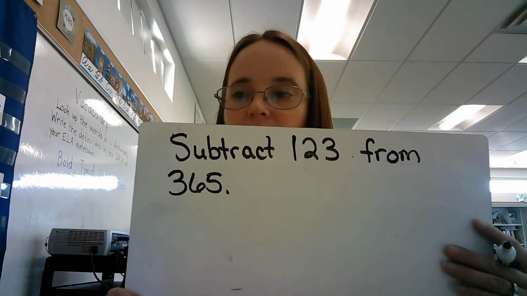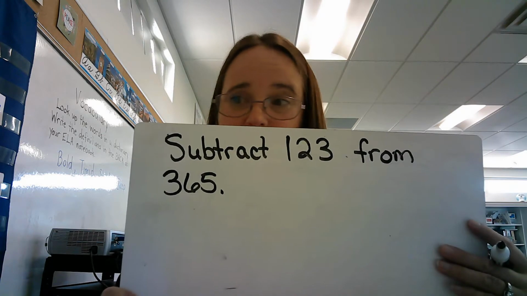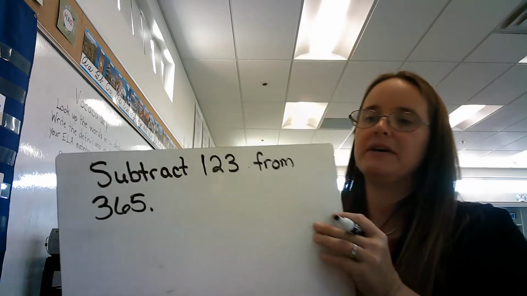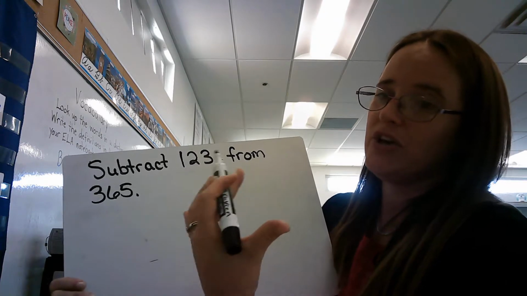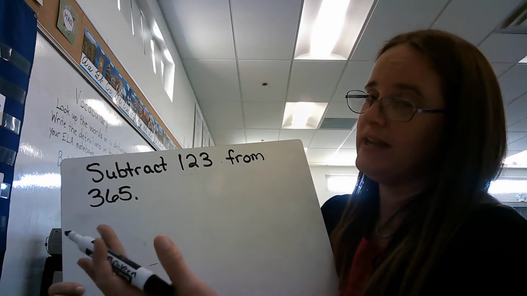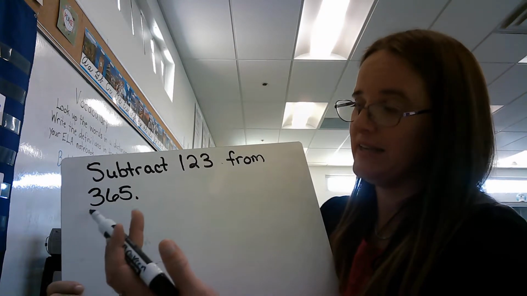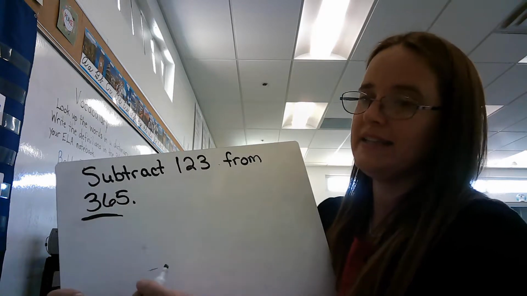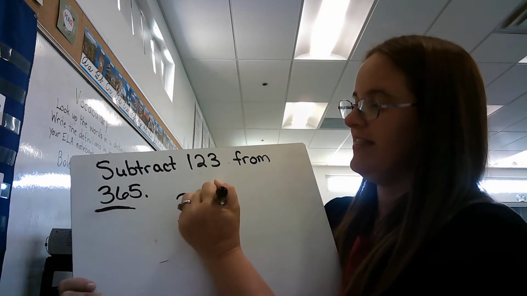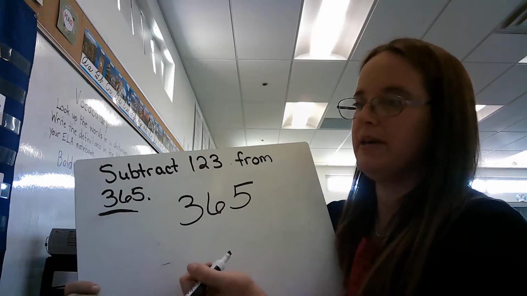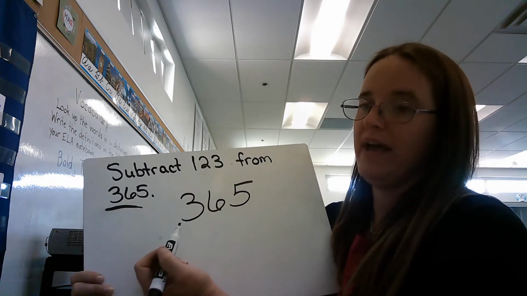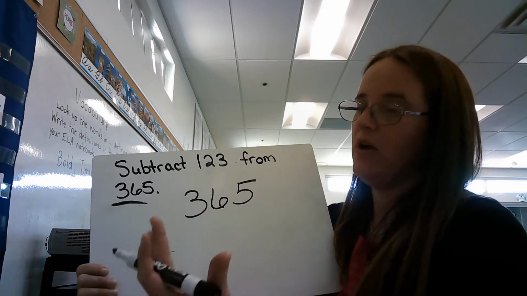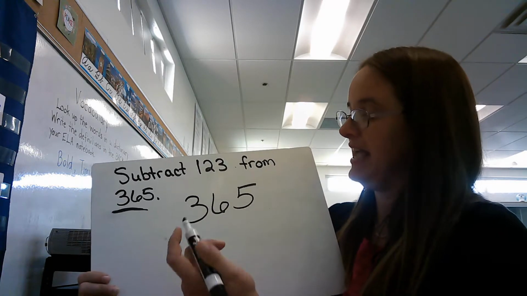So in 4th grade, we're not getting into negative numbers very much, a little bit, but not this big. So a good rule of thumb at this point is to say, what's the biggest number? That's my 365. That's the one that's going to go on top. Because I can't take 365 away from 123 without having negative numbers in my answer.